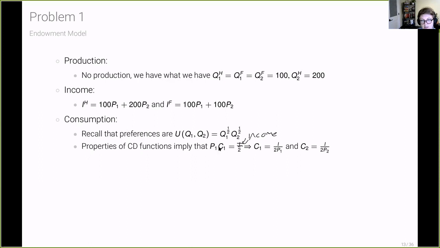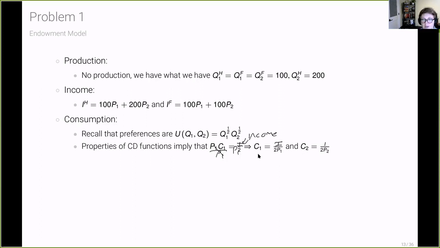So that's going to be the price of good 1 times how much we consume of it, which if we divide by P1 on both sides of this expression gives us that C1 must be equal to I over 2P1. And likewise, we can do the same for the consumption of good 2.